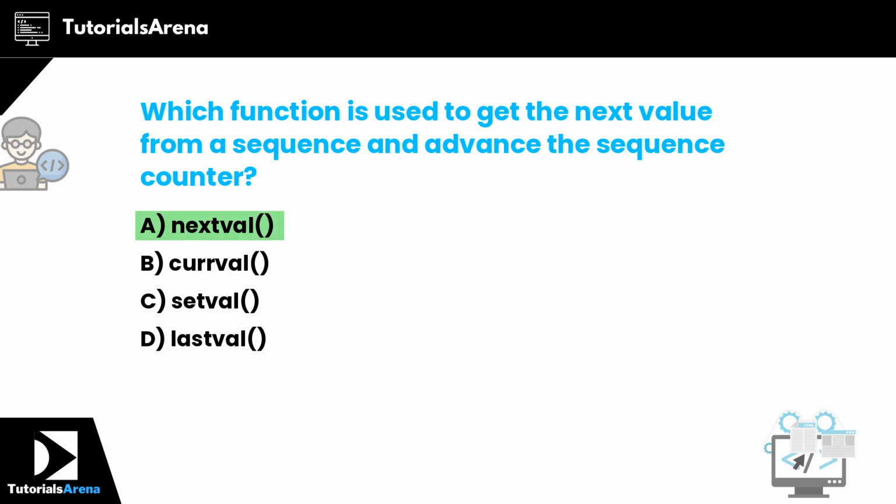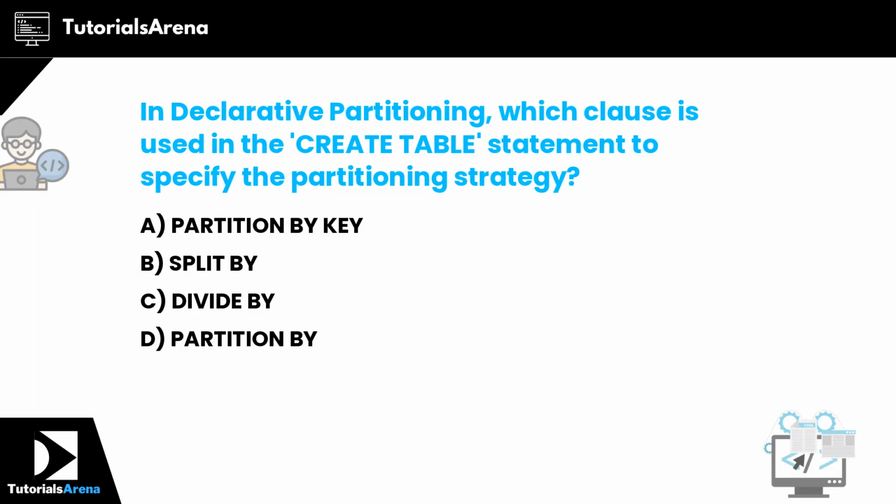The correct answer is option A, nextval. In declarative partitioning, which clause is used in the create table statement to specify the partitioning strategy? The correct answer is option D, partition by.